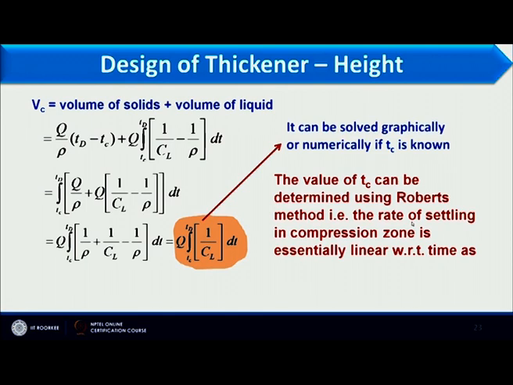This method shows that the rate of settling in the compression zone is essentially linear with respect to time. So the expression is dH by dt equal to minus k (H minus H infinity). Why have we considered H infinity? Because that is the final height of the compression zone, and H is the variable height of the compression zone.